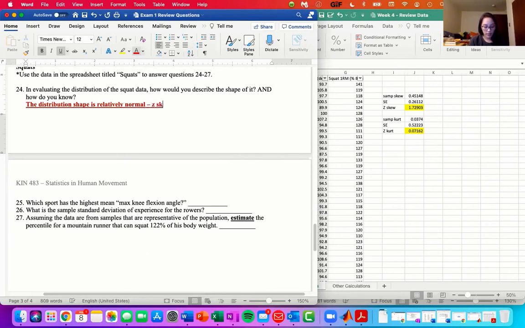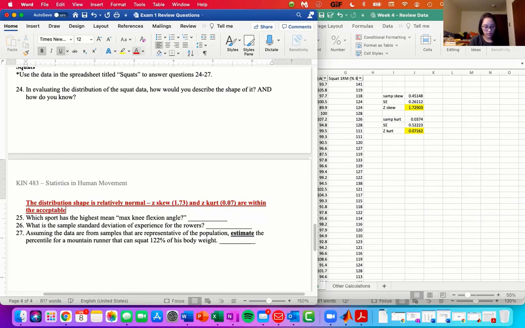Z-skew, which is 1.73, and Z-kurt, which we calculated as 0.07, are within the acceptable bounds of plus or minus 2, meaning that they are similar enough to the population's shape.